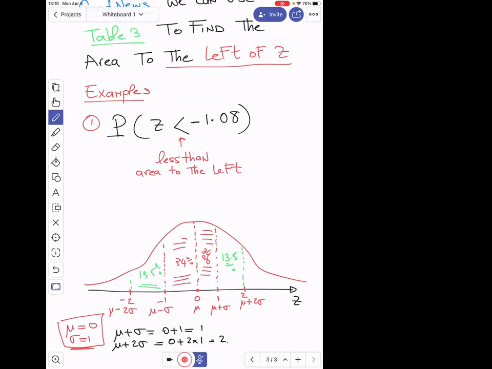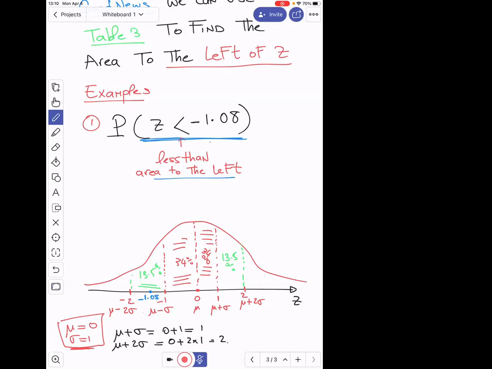But here I want to find the area. So this is Z less than negative 1.08. That's the area to the left of negative 1.08. It's somewhere between -1 and -2, right? It's not -1, it's not -2.